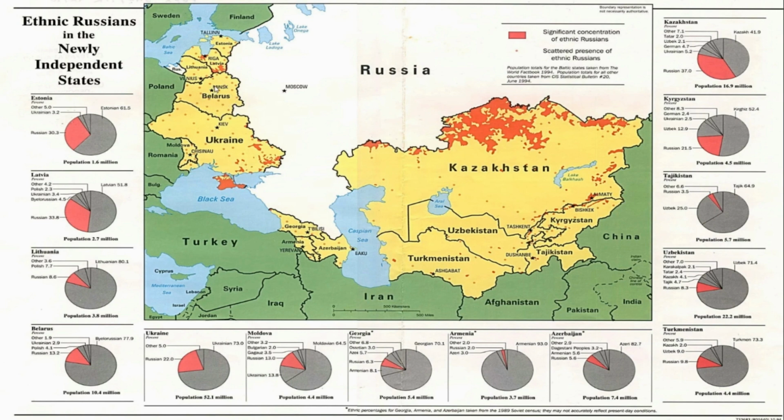In Belarus, when you compare to Kazakhstan, Ukraine, and Latvia, you don't see much Russian population, but the majority of the people speak Russian in the eastern part of Europe. In all the Central Asian republics, the majority also speak Russian.